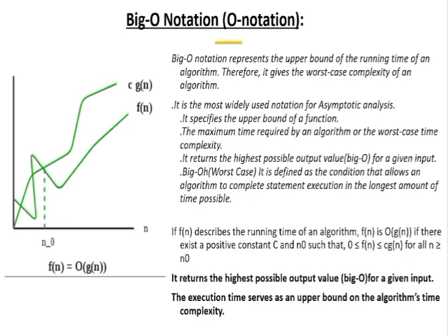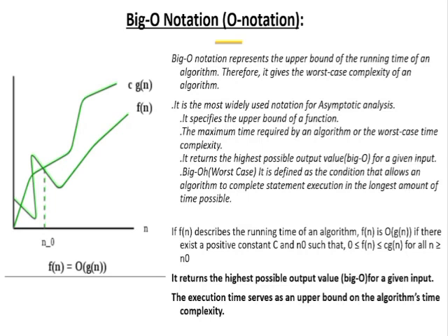The third one, big O notation. Big O notation represents the upper bound of the running time of an algorithm. Therefore, it gives the worst case complexity of an algorithm. It is the most widely used notation for asymptotic analysis.